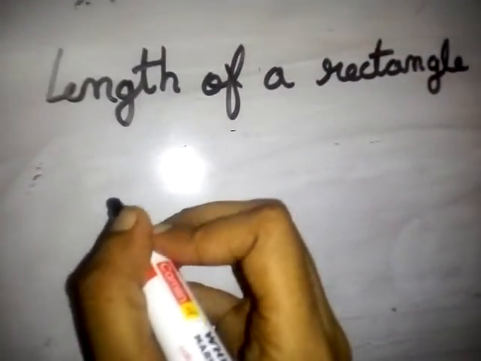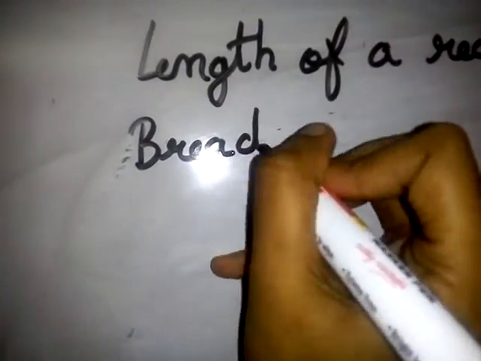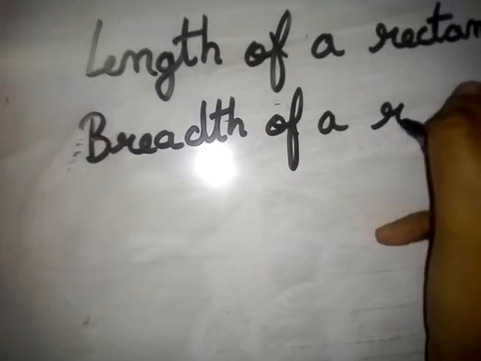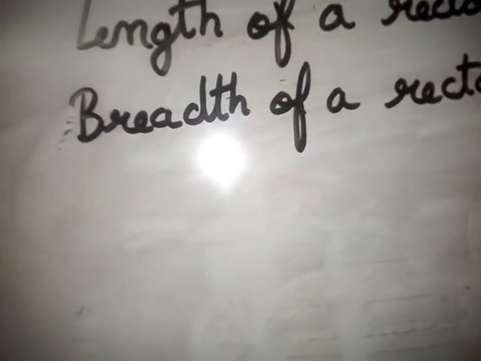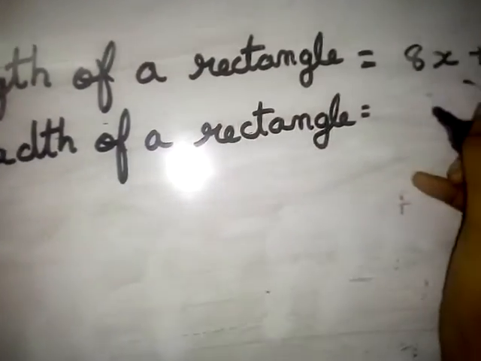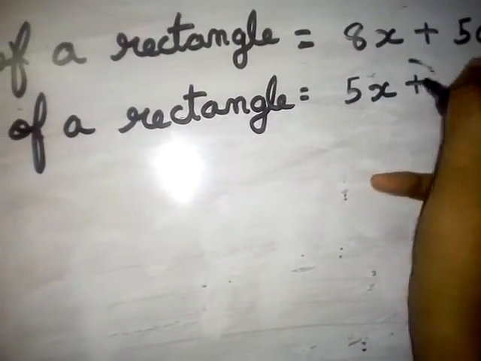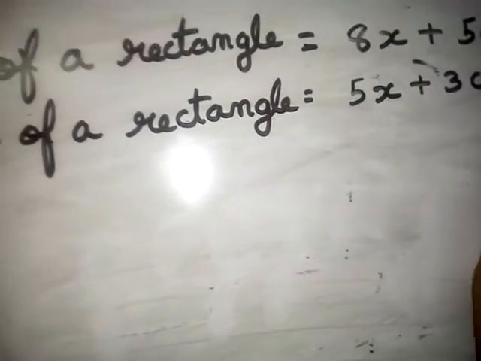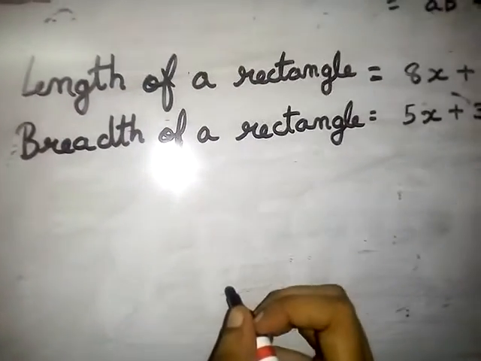Second statement will be: breadth of a rectangle is 5x plus 3 centimeter. So you have to find area of a rectangle.